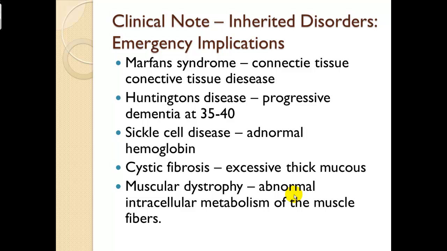In Marfan's individuals, we see the stretching of their aorta, which predisposes them to things like an AAA. Huntington's disease, progressive dementia at about 35 to 40 years old. Sickle cell disease, abnormal hemoglobin, or S hemoglobin. Cystic fibrosis, excessive thick mucus development, and we're talking every mucous membrane. Most normally this affects their respiratory system. Muscular dystrophy, abnormal intracellular metabolism of the muscle fibers.